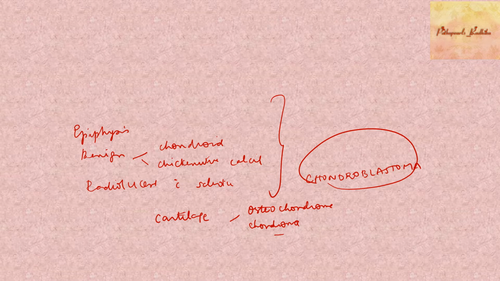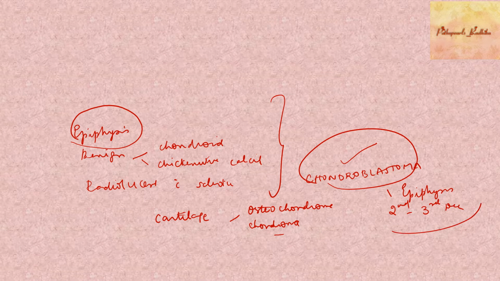So these are the benign cartilage forming tumors. Chondroblastoma usually occurs in the epiphysis of the long bones with a slight male preponderance and occurs in the second to third decade. And they can have this chicken wire calcification and a chondroid matrix.